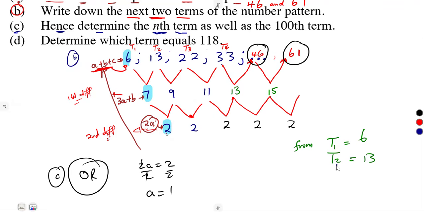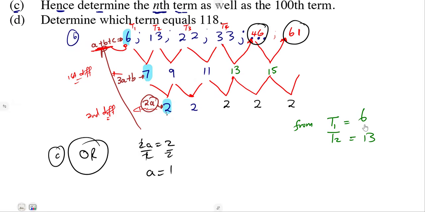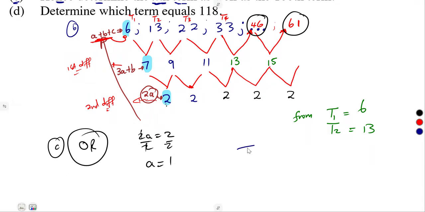When n is 2, our answer is 18. From that general term, Tn is equal to an squared plus bn plus c. Remember, we have already calculated our a, so we substitute that a here, that's 1. So 1 times n squared, that's n squared, plus bn plus c.